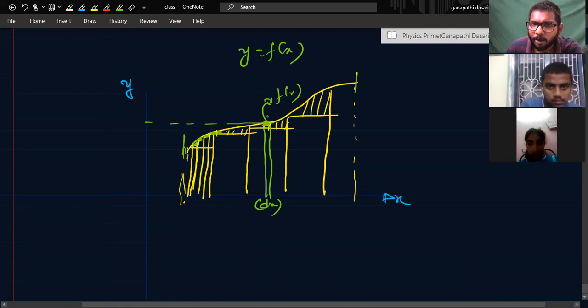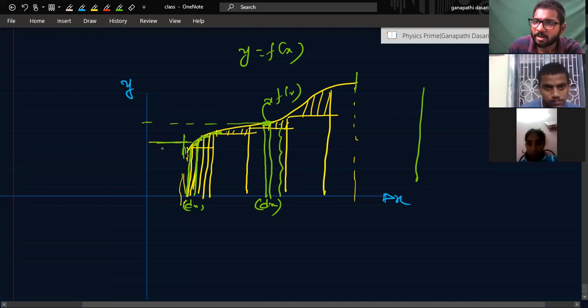And if I want to add every rectangle, here is some value of y into dx thickness, here another value of y into dx thickness. So every rectangle we will add. Here y is the length of the rectangle, isn't it? Varun, did you get it? Yes, sir. Here y is the length of this rectangle.